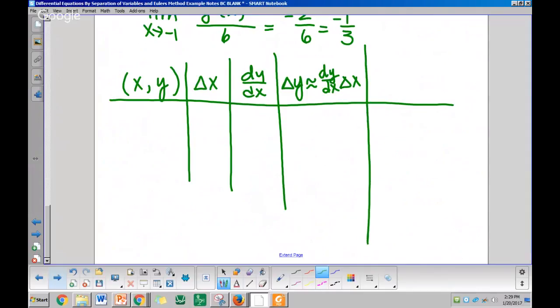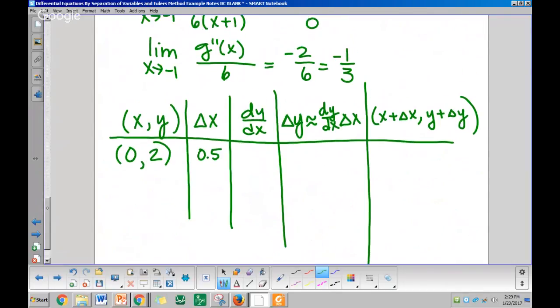And then we're going to end up with a point that's x plus delta x, y plus delta y. And we're starting at 0, 2. And my first movement is going to be 0.5 for the delta x. And my dy dx, I'm going to refresh my memory here, was x squared minus 1/2 y.